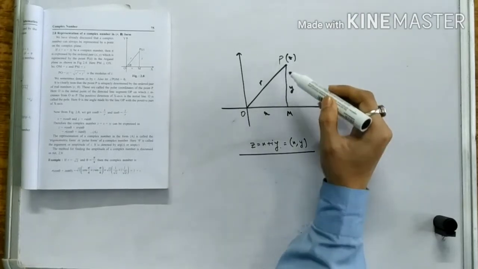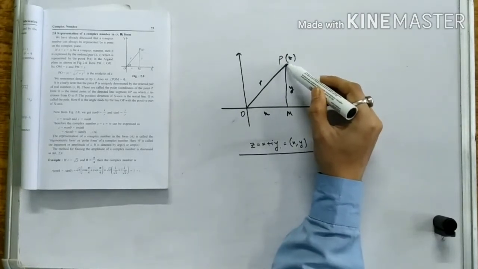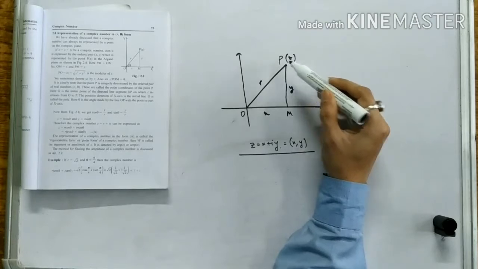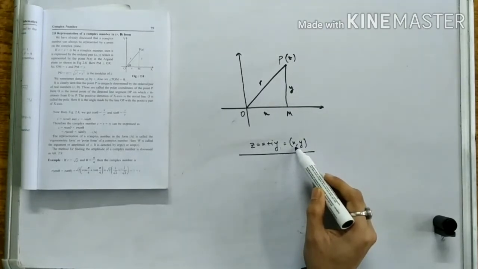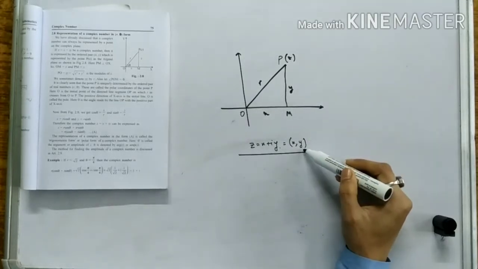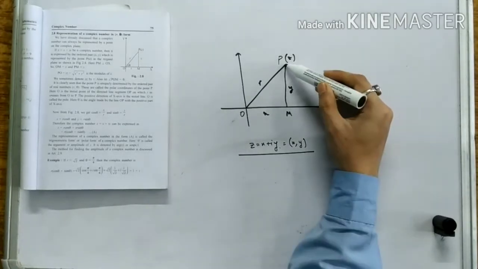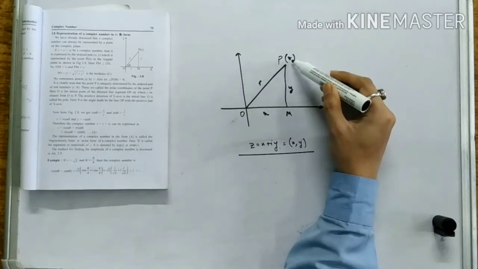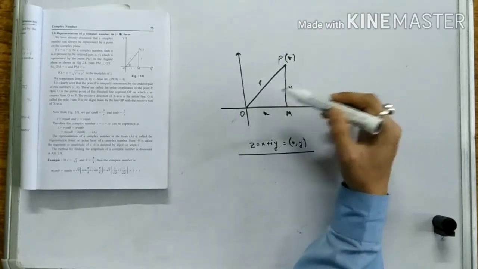So this is our point, whose x coordinate is small letter x and its y coordinate is small letter y, and this is our point which is represented by P(z).